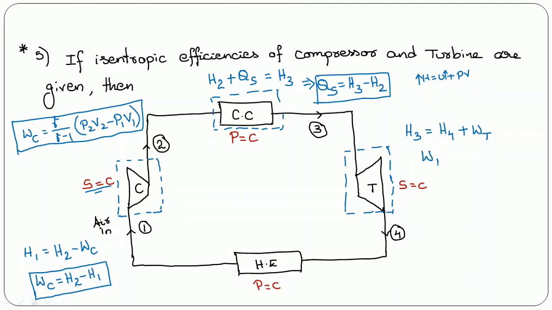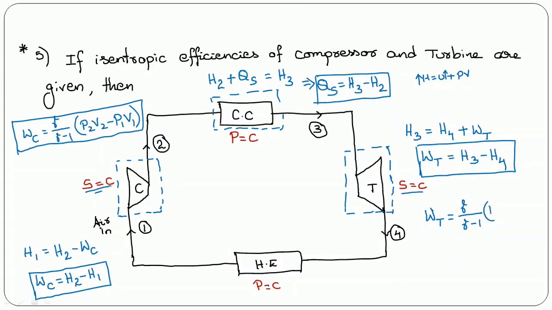This work output from the turbine Wt can be written as H3 minus H4 in terms of enthalpies, or as this is an open system, we can write the work developed by the turbine also as gamma by gamma minus 1 into P3 V3 minus P4 V4. This is also correct for the work developed by the turbine.